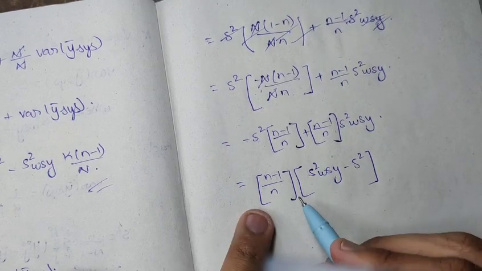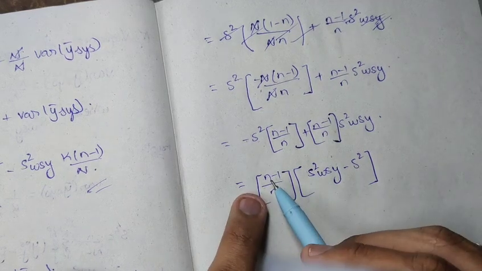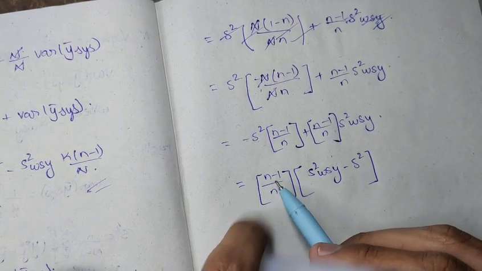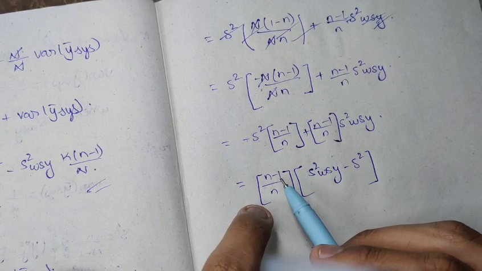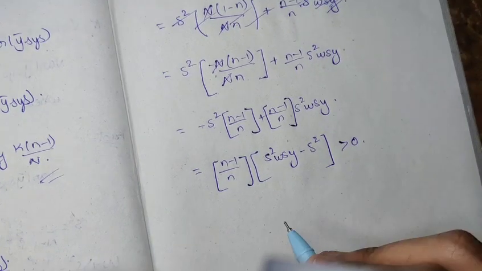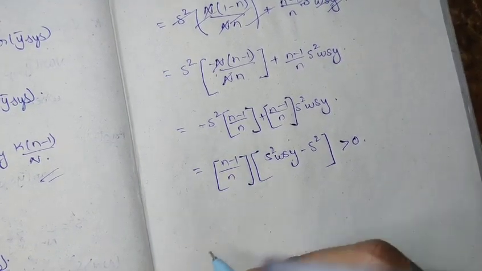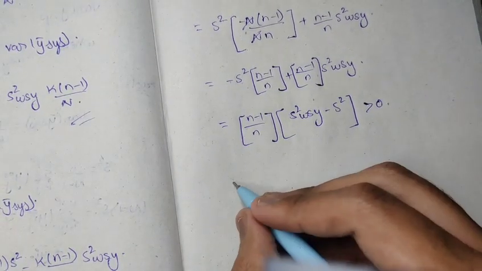Now, this term is obviously greater than 0. However we look at it, this term will be above 0, or in any case it will become 0. So this entire term is greater than 0. Then we can prove what we were asked for.